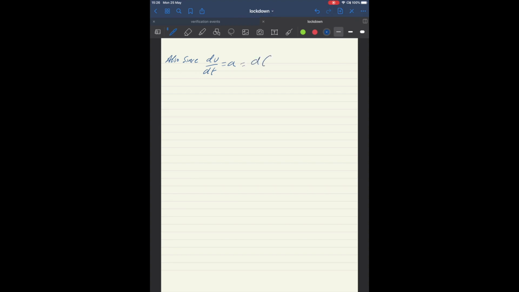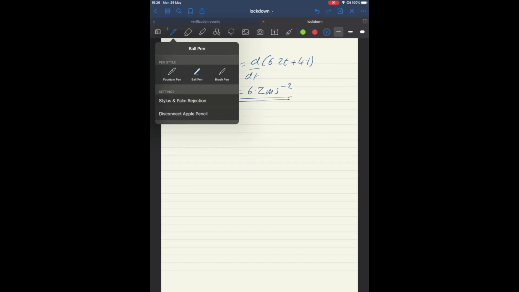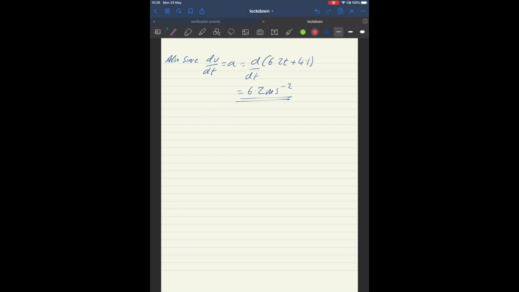That's going to be d of 6.2t plus 4.1 by dt, and that's going to give me 6.2 meters per second per second. So that means it's a constant acceleration. So the object has a constant a.